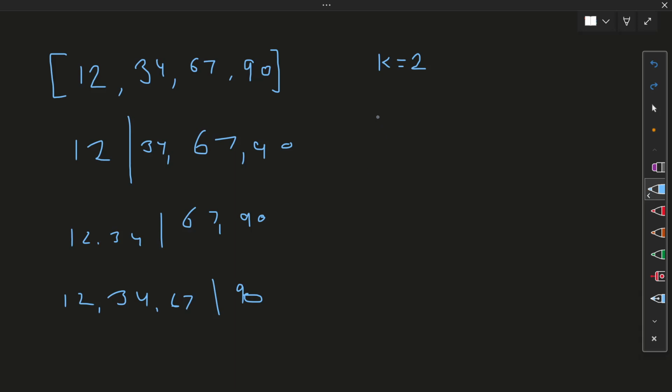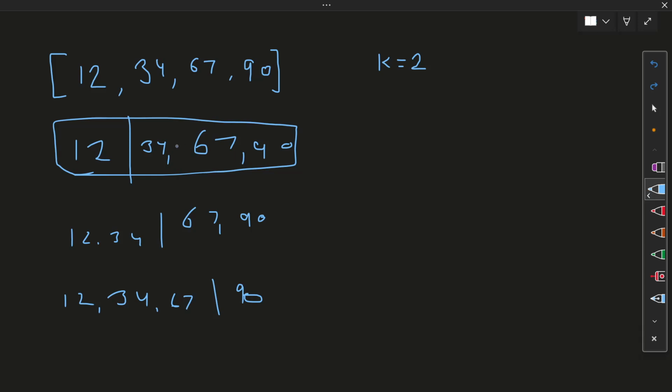So the brute force will be to divide the array into k portions, and after finding all the subarrays, we need to find the maximum among each allocation, and at the end we need to find the minimum of them. In one allocation the maximum value is this.